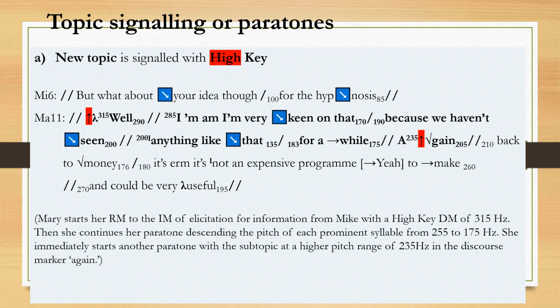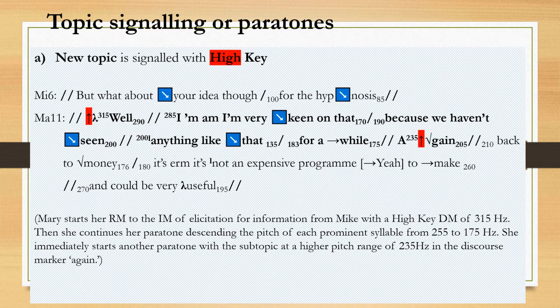Those prosodic devices are of course high key, which tells you that the person starts a new topic or subtopic, and usually that is ended with a low termination on the last unit, and that signals the end of that particular topic and probably the beginning of a new one.